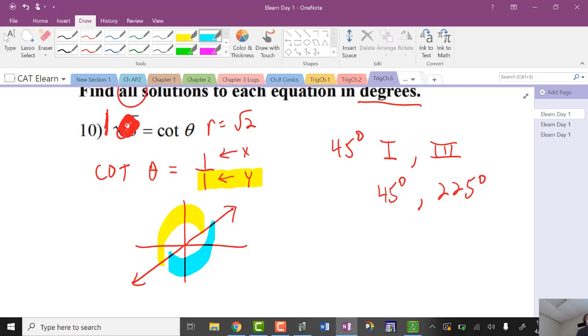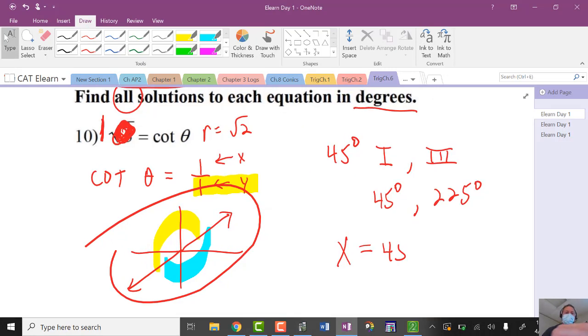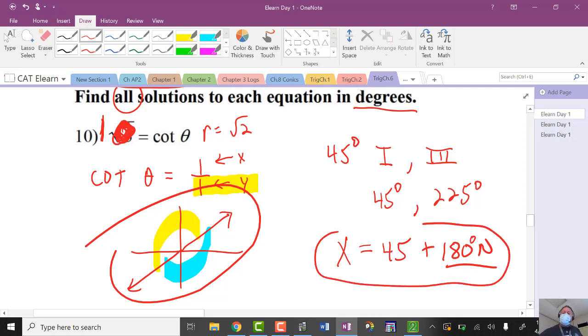So for me to write all answers, I can express all of these answers by taking the first one, and instead of adding 2 pi or 360, adding 180. Because every answer is 180 away, I can express this in one expression.